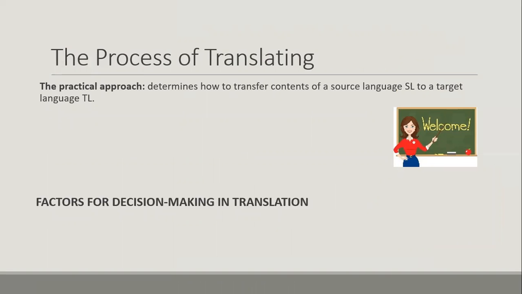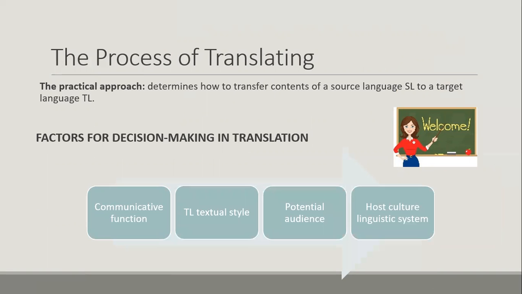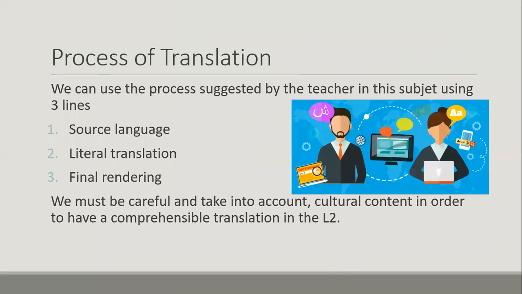For the process of translation, we have to pay attention to some factors, which are the communicative function, the target language textual style, the potential audience, and the host cultural linguistic system. For this, we practiced in this subject one particular process of translation, which was suggested by our teacher.